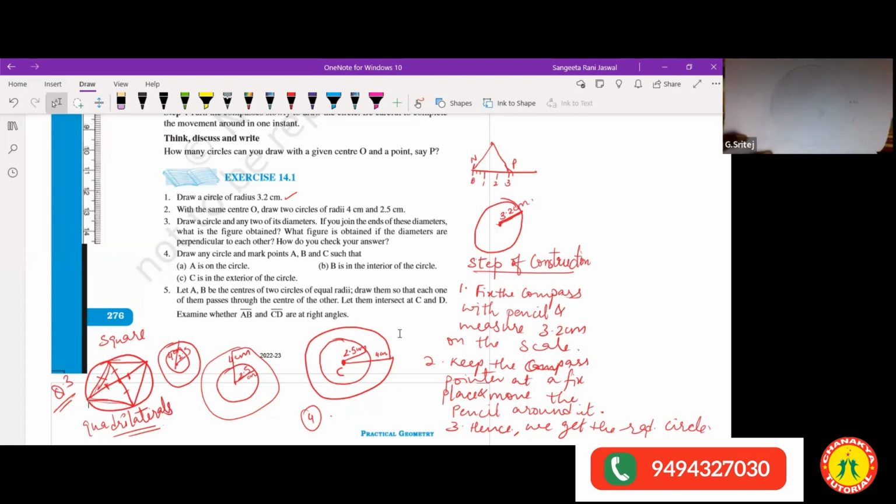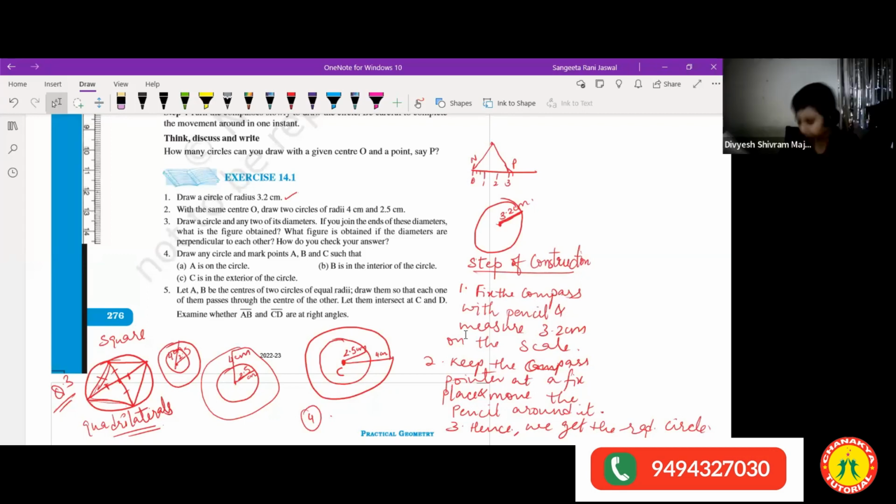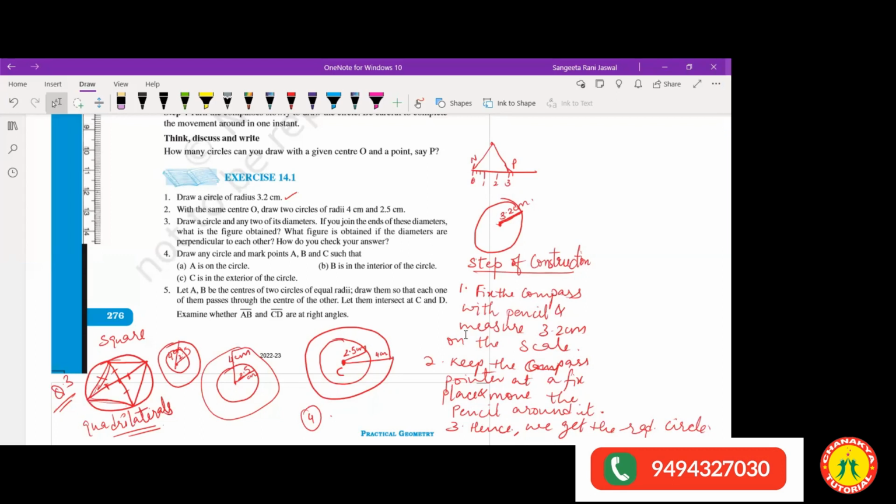Ma'am, can you see my screen? Yes, Ritesh, it's correct. Point A is on the circle, B is inside, C is in the exterior. The inside point should be different from the center point.